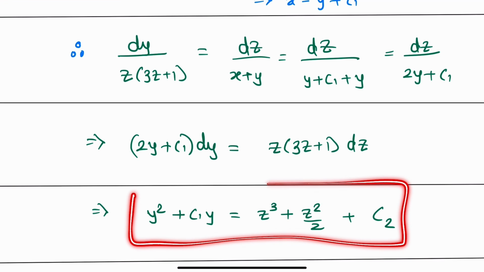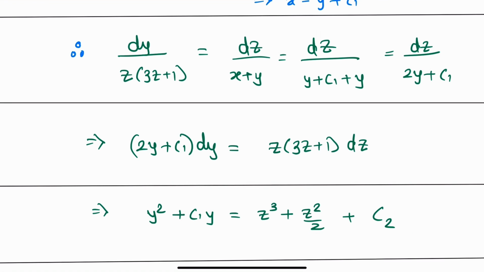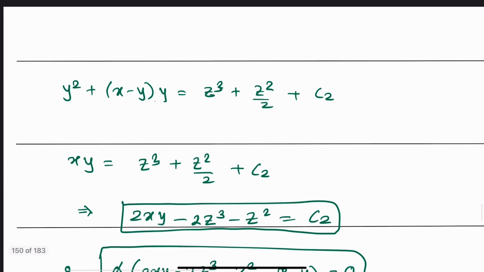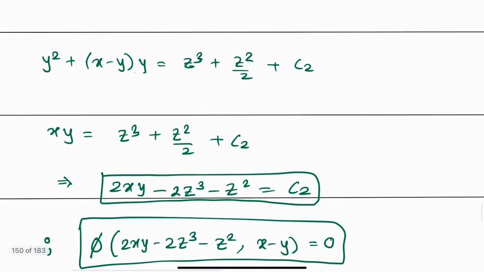Now observe here, this c1 we will have to replace back, which was x minus y. So we have replaced c1 here. c2 will remain as it is because c2 was an arbitrary constant for the second equation.